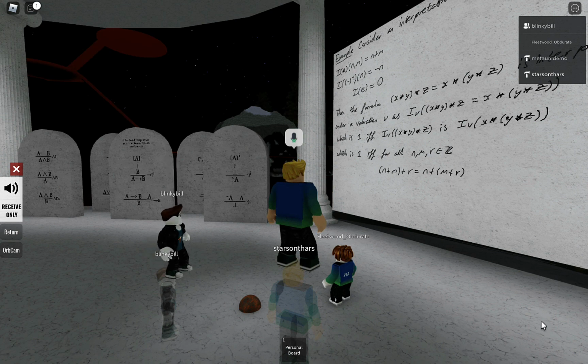ZFC. I would say the position you just outlined is maybe the standard unconscious position of a mathematician, right? Which is that all of this is aimed at aiding us in making true statements about independently existing Platonic objects.